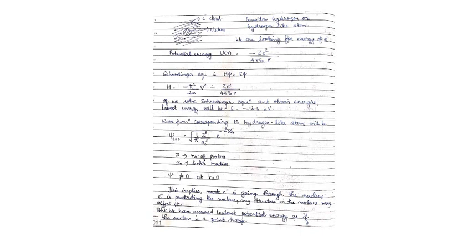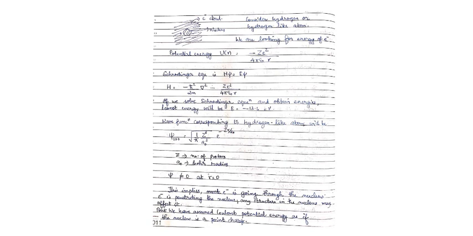The electron wave function corresponding to the ground state of the hydrogen atom is given by psi 100, and the expression for psi 100 is root of 1 by pi times Z cube by a0 cube times exponential minus Zr by a naught.